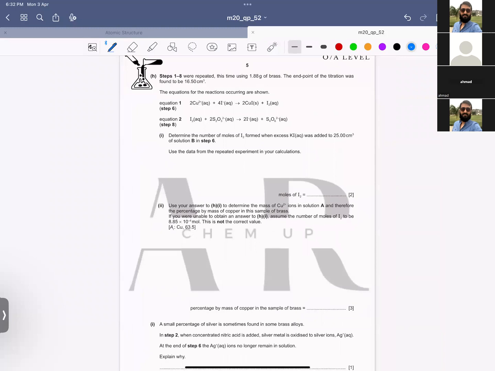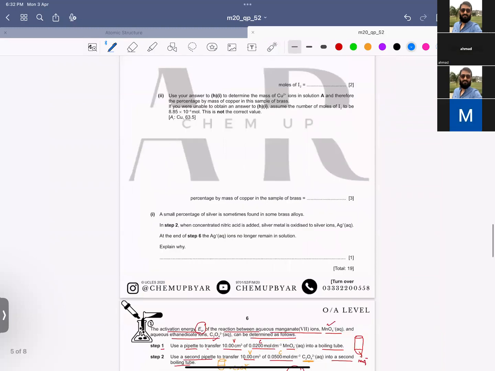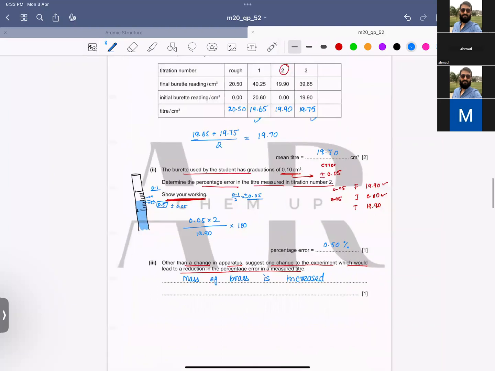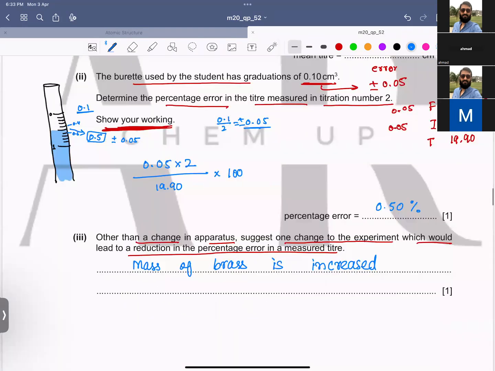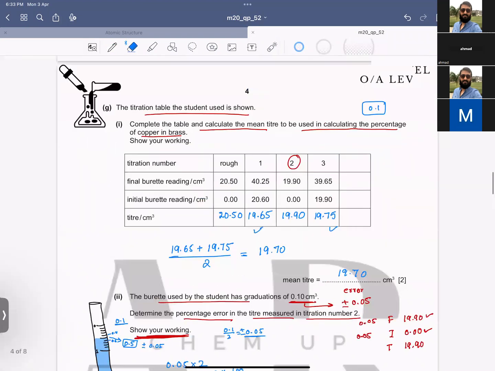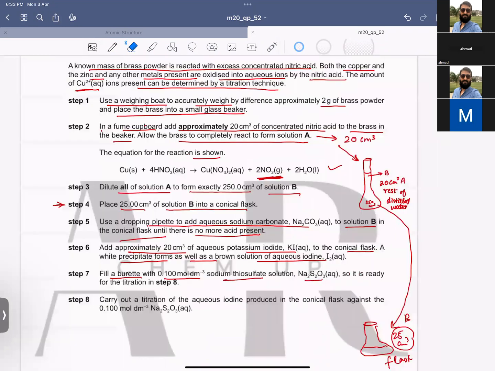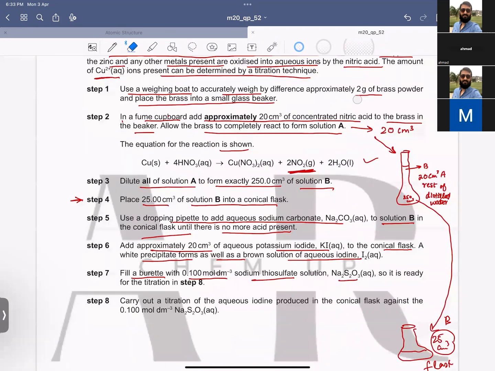Okay. So why do you increase the mass of brass? Are you agreed with this, Mariam, that if this volume is increased, then the percentage error would be reduced? Yes. Okay. So if you read these steps, we have added 2 grams of brass, right?